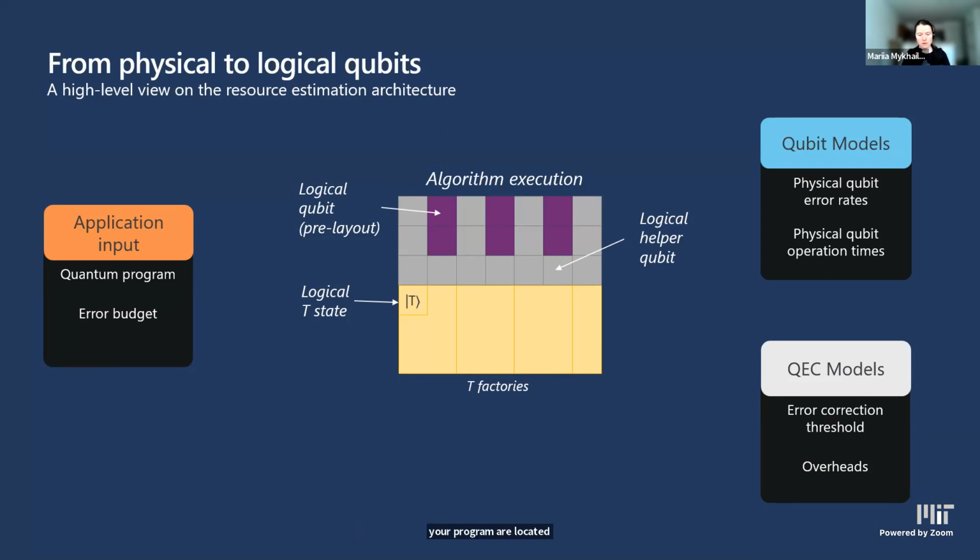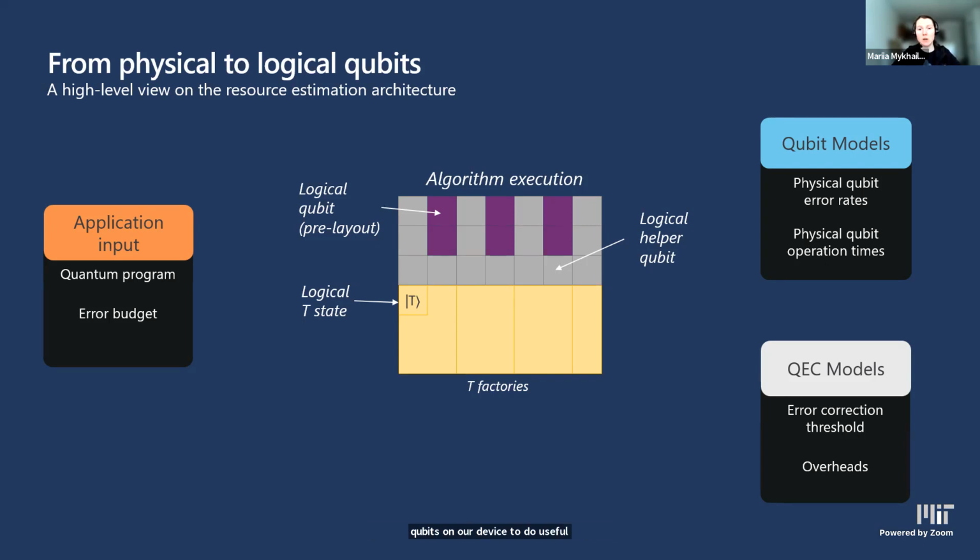So if there is an explicit qubit allocation in your program, those are counted. The next layer is saying, okay, so we have those logical qubits pre-layout, but then we're not going to be able to use all the qubits on our device to do useful computations.